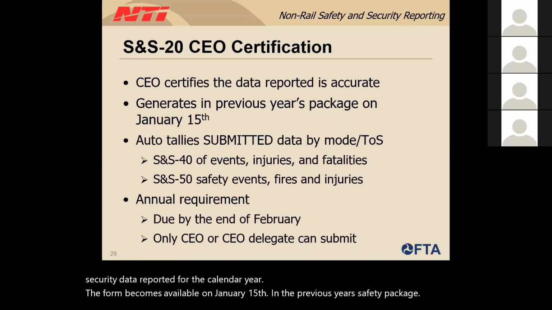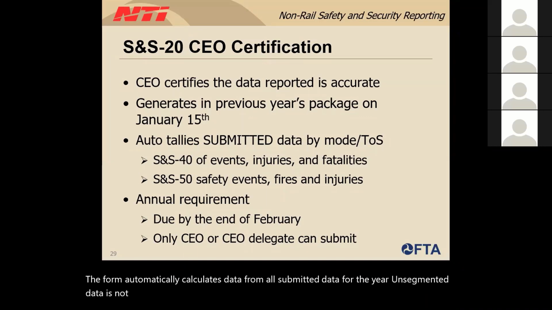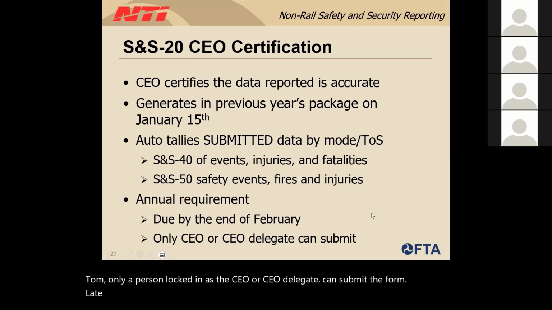The form automatically calculates data from all submitted data for the year. Unsubmitted data is not included. The form is due by the end of February of the following year. Only a person logged in as the CEO or CEO delegate can submit the form. Late notices are sent to the CEO.